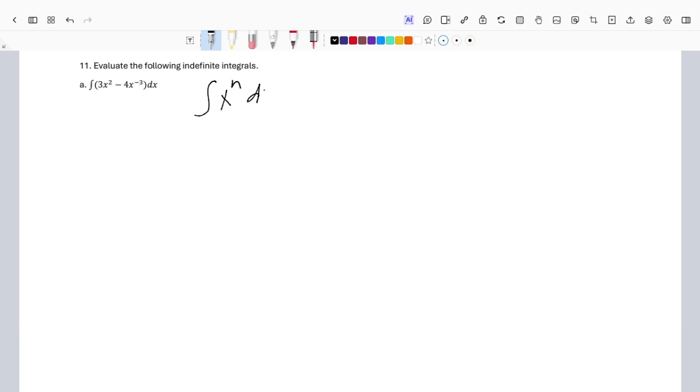It can be written as the integral of x^n dx equals x^(n+1) over n plus 1, plus c.